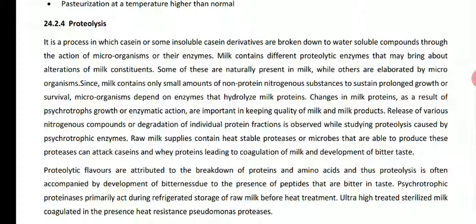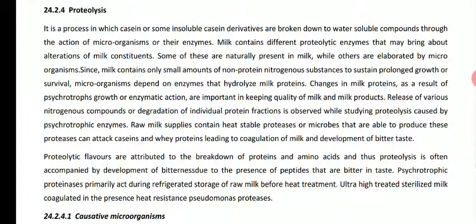As you all know, in milk casein is the principal protein, and casein and some other proteins which are present in insoluble form are all degraded by the action of microbes and their enzymes. Milk contains different proteolytic enzymes that may bring about alteration of milk constituents.